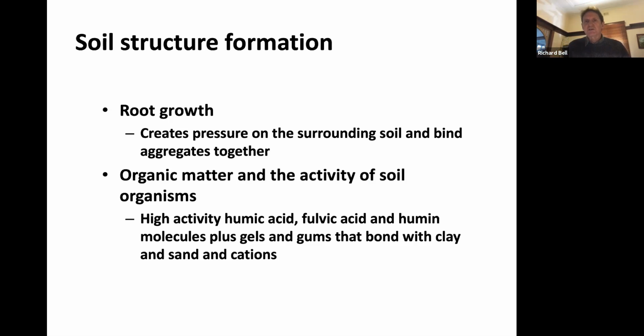All of that helps to create a biological environment for building soil structure. The key with soil structure, apart from the clay, is the organic matter and its activity in the soil. And it's not just a matter of having the organic matter there, it needs to be turning over and producing gels and gums that microbes produce, and that helps with the binding together of the clay, sand and the cations.